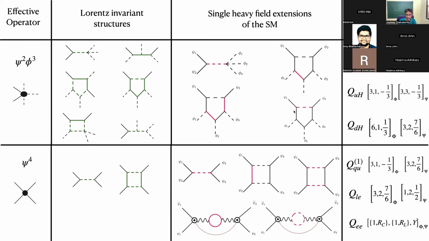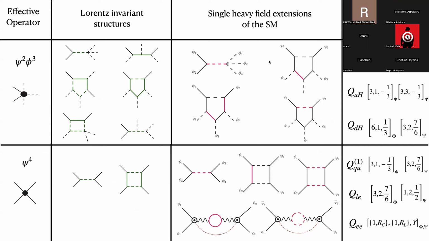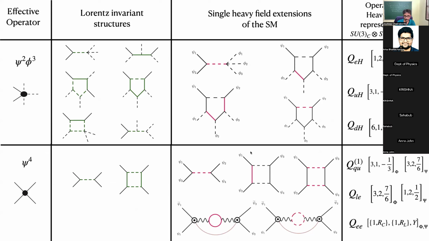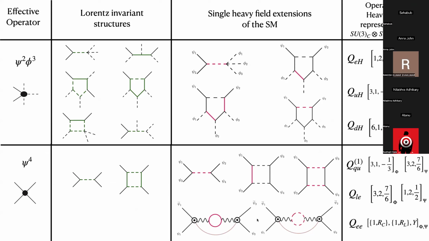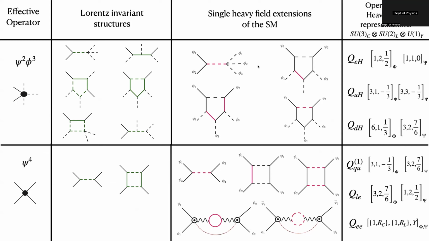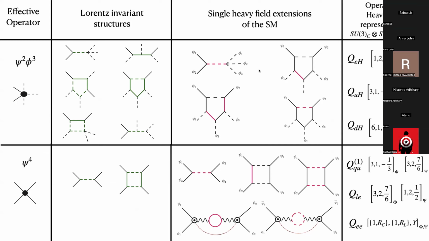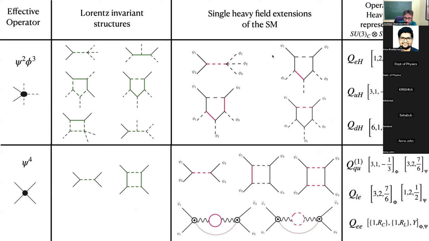Just regarding this unfolding: let's say I have an effective vertex, an effective operator corresponding to some vertex or some process that we are looking at, and we're trying to unfold that in terms of Feynman diagrams, consistent with the Lorentz structure, and perhaps also the gauge symmetry of the standard model.